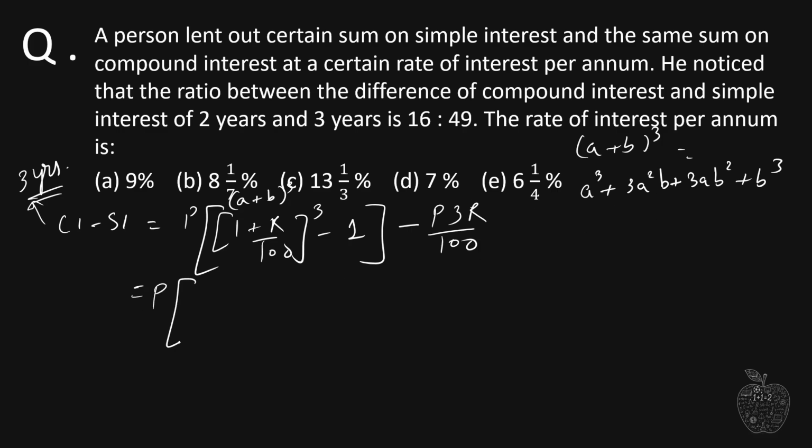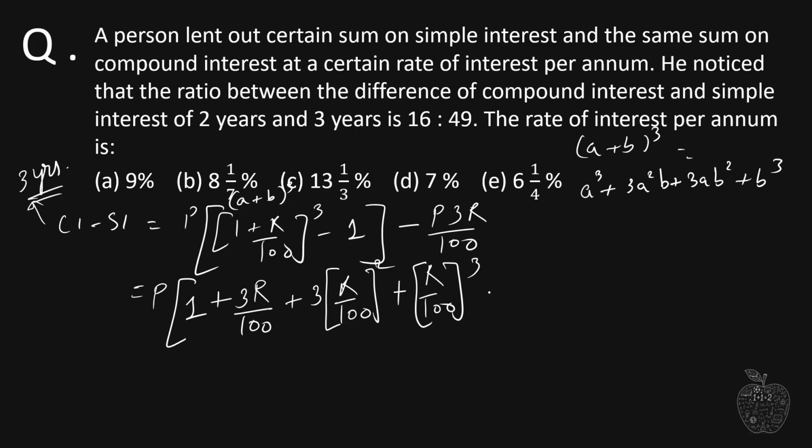So we get P times a cube, 1 cube is 1 only, plus 3a square b, 3a square which is 1, and b, so R over 100, plus 3ab square, so 3 into 1 into b, which is R by 100, and b squared, plus b cube, which is (R by 100) cubed, minus 1, and minus 3PR over 100.